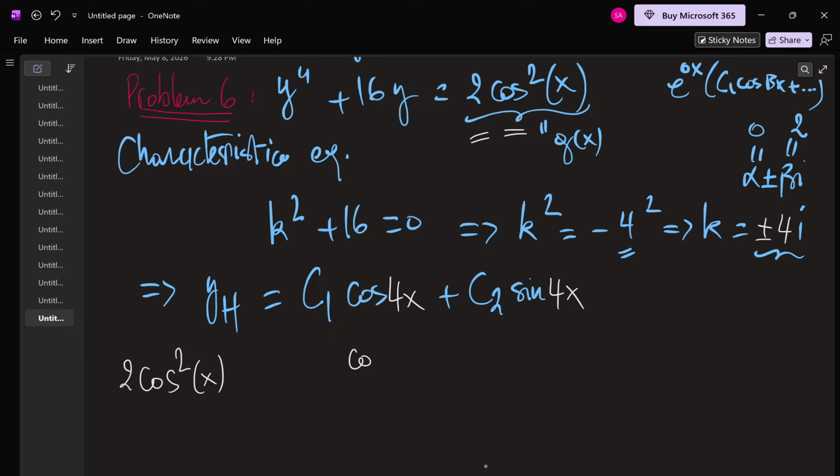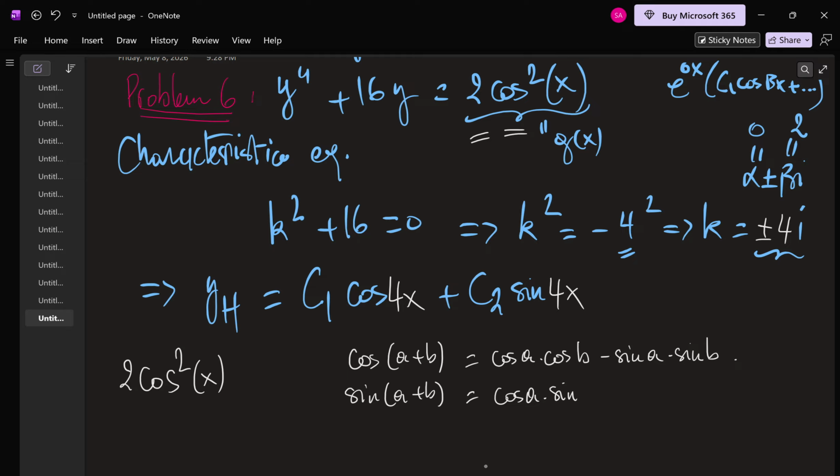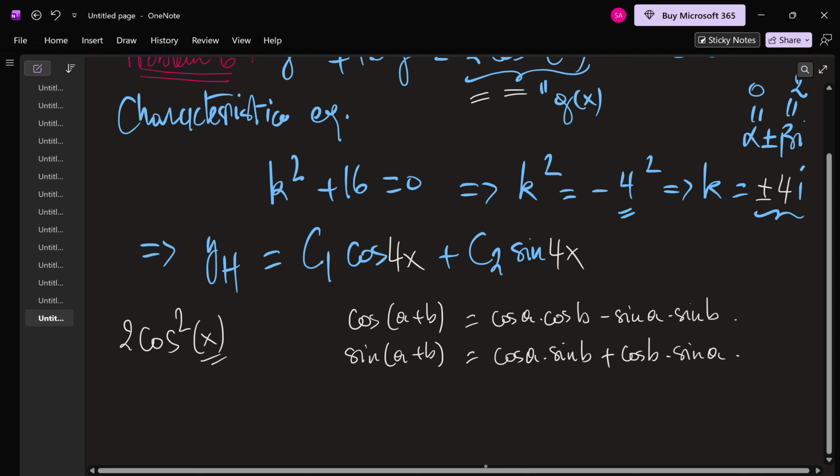So we have cos a plus b is equal to cos a times cos b minus sine a times sine b, and sine a plus b is equal to cos a times sine b plus cos b times sine a. So how now to linearize this?